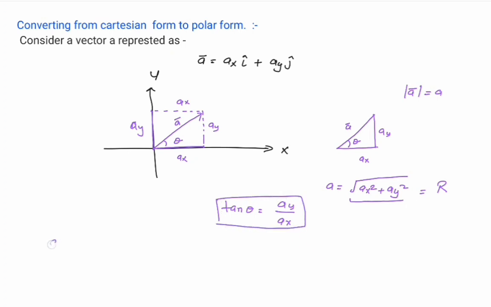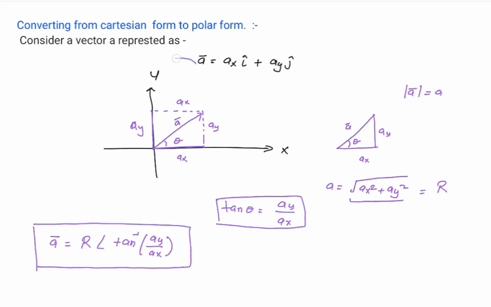It means vector A can be written as, what is the magnitude? Magnitude is capital R. And what is the angle from the x-axis? Tan inverse ay upon ax. This is the basic method of how to convert the given vector from Cartesian to polar form.